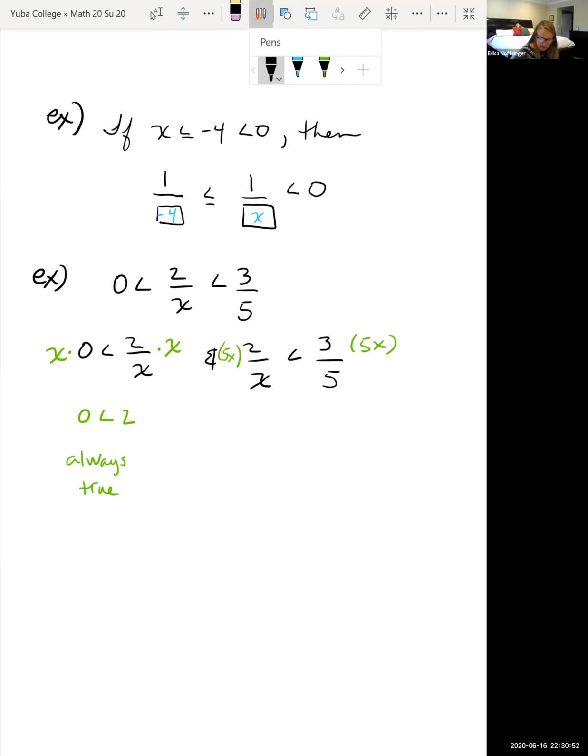The x's cancel, so 5 times 2 is 10, is less than, the 5's cancel, 3 times x, which is 3x. Solving for x, if we divide both sides by 3, we get x is greater than 10/3.